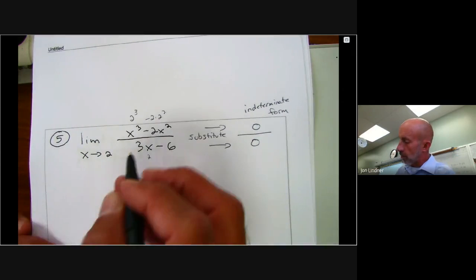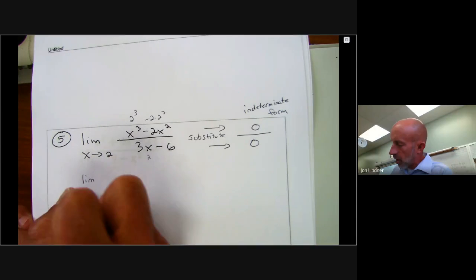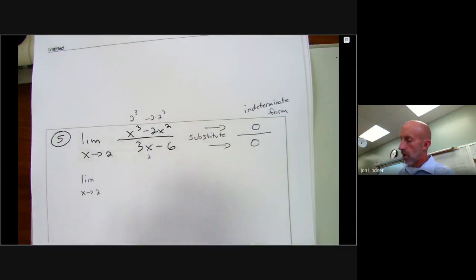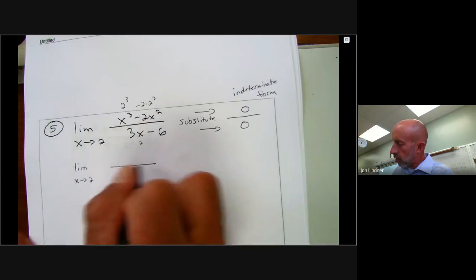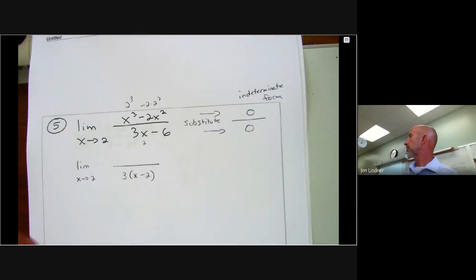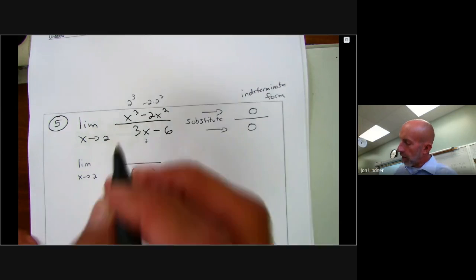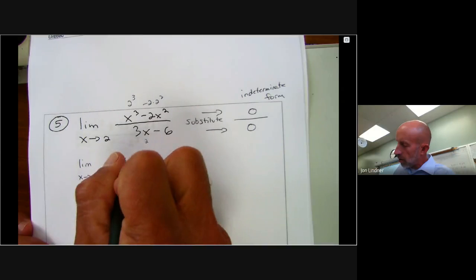Let's do some factoring. So now let's look at this thing as the limit as x approaches 2 of, on bottom, couldn't I pull out a 3? And make that 3 times the quantity x minus 2. And on top, I could pull out an x squared.